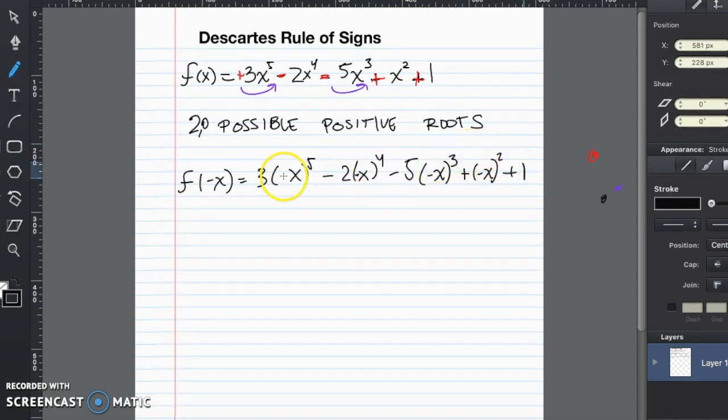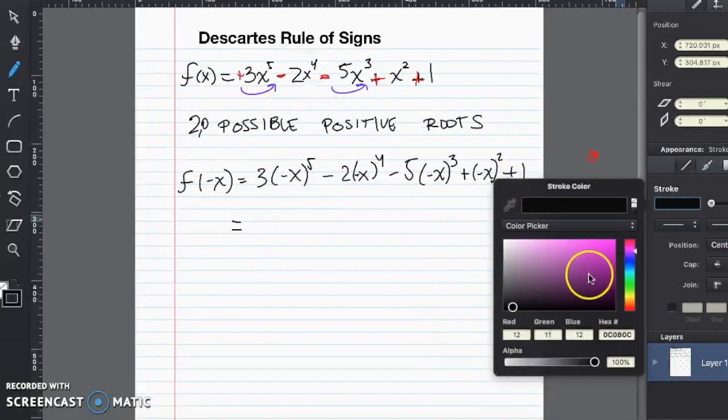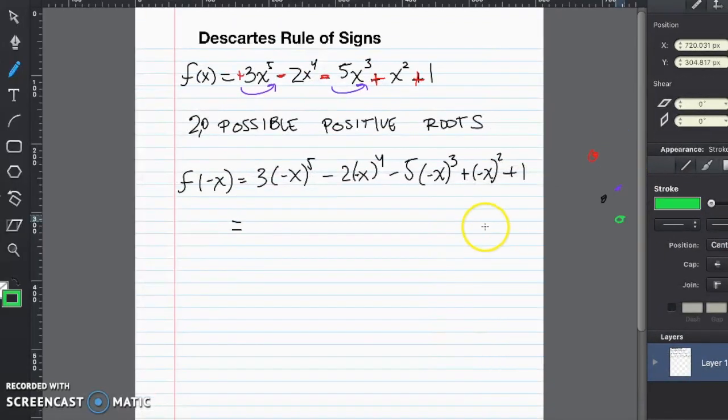What we'll see here is I just plugged in a negative x for all of my x terms, right? And actually, here's a pro tip. I don't have to change the signs of everything, right? If we think about it, all my even exponents, so things like x to the second, x to the fourth.